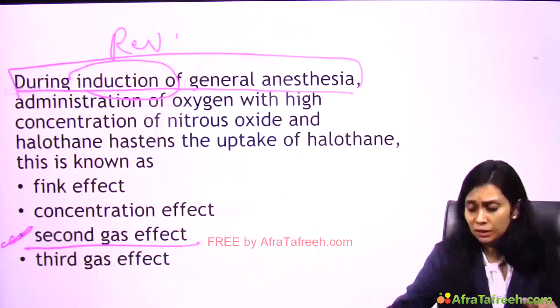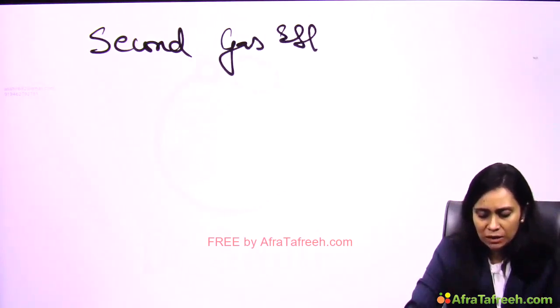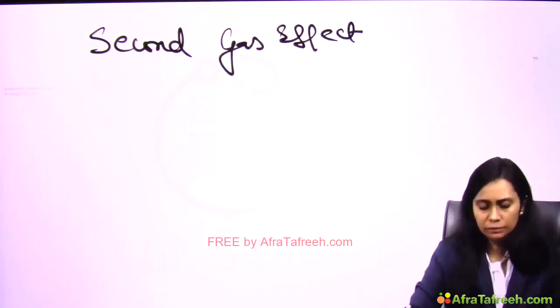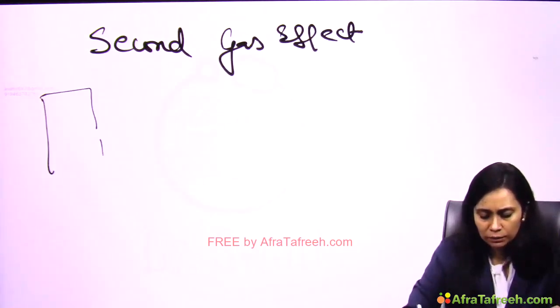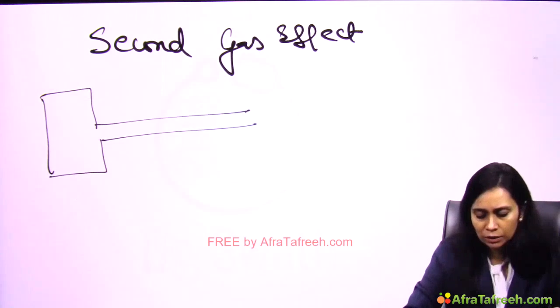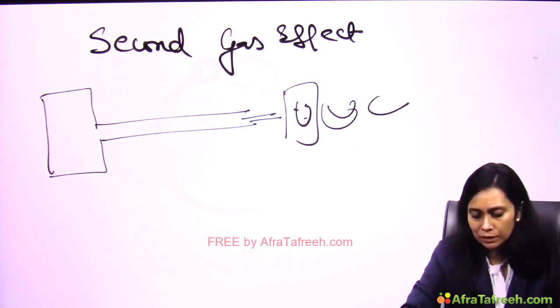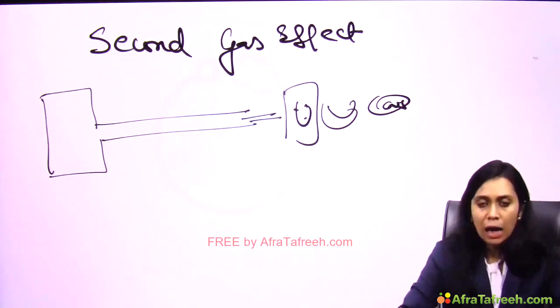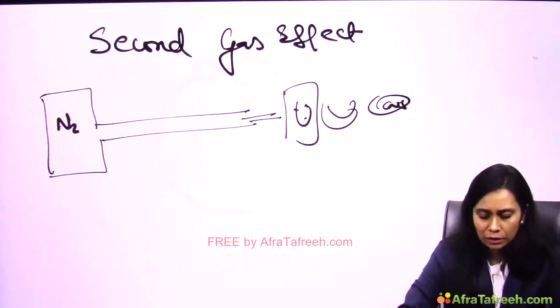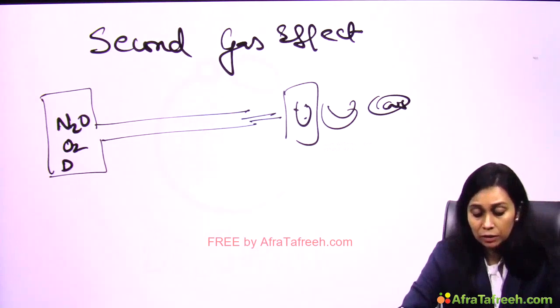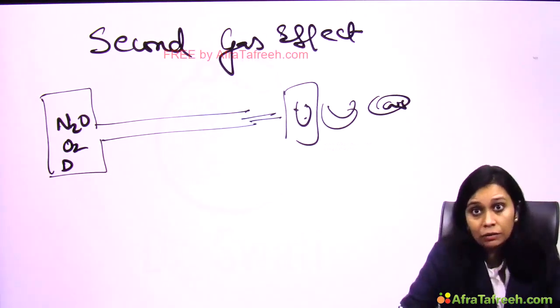Now what is this second gas effect? Just understand first, then we will write it. This is your machine. This is the circuit, this is the airway, this is the alveoli, blood and CNS. I am giving my patient nitrous oxide, oxygen and sevoflurane for induction.